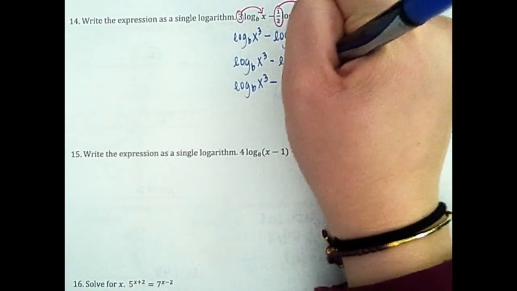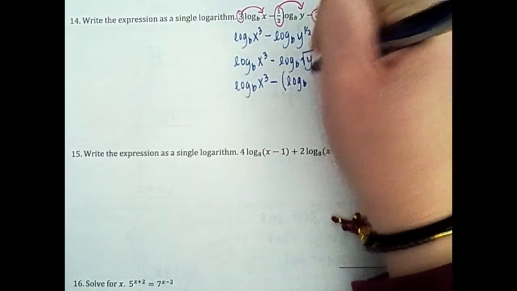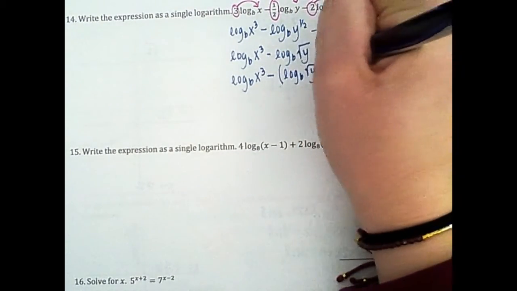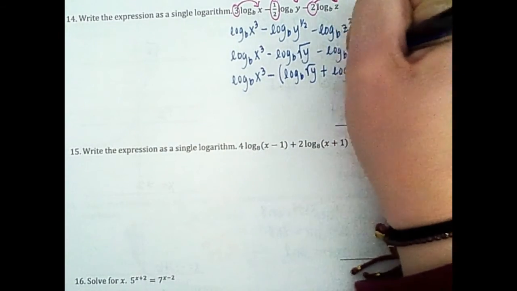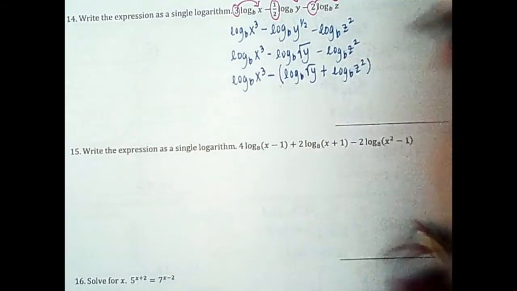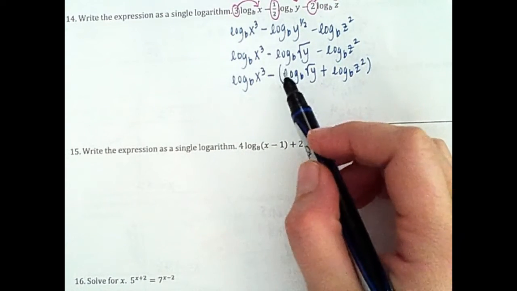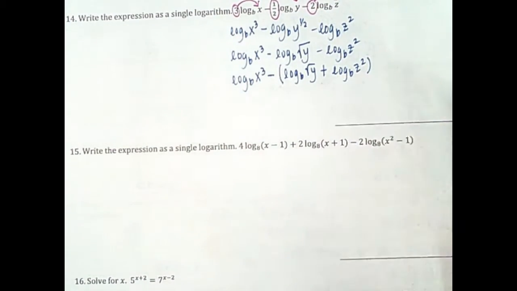So it'd be log base b of the square root of y plus log base b of z squared. Now it's plus because we factored out that negative, and now I've put the parentheses around it.